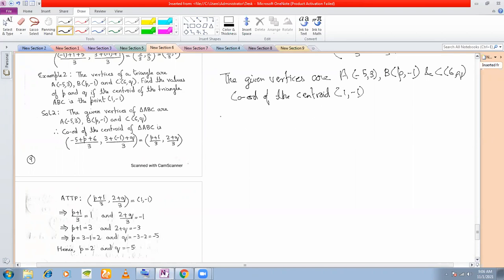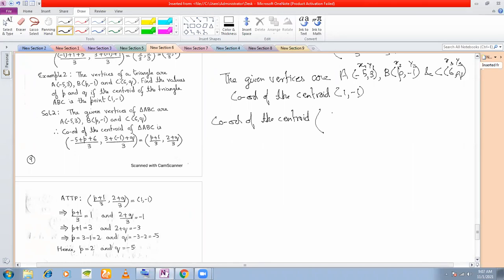If three vertices are given, what are the coordinates of the centroid? Take this as your x1, y1, this as your x2, y2, and this as your x3, y3.